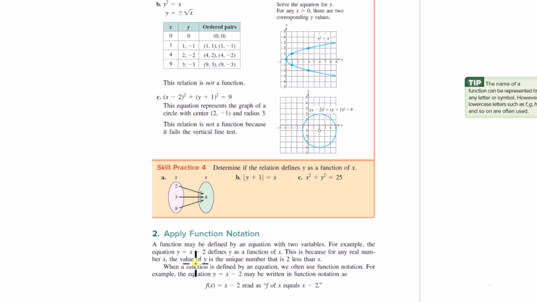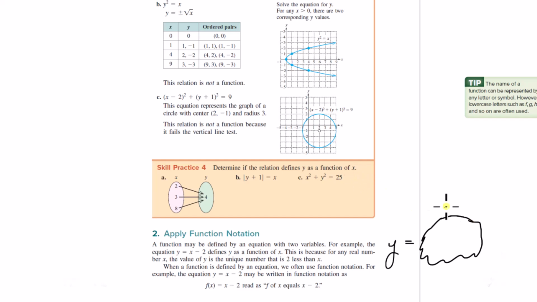In general, if you're trying to look at an equation and tell if it's a function or not, the easiest way is to put it into a form where you've got one variable on one side by itself, and on the other side is one or more other variables.